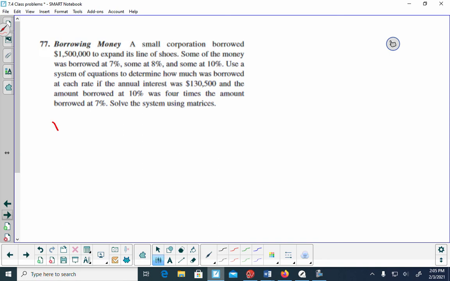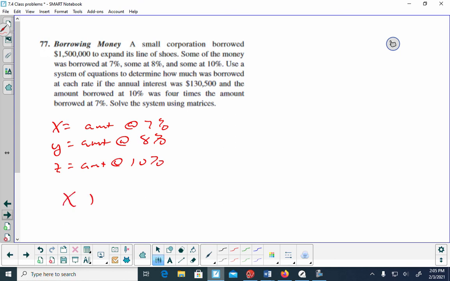So I'm going to say X is the amount at 7%, Y is the amount at 8%, and Z is the amount at 10%. So my first equation is how much money I borrowed. Well, I borrowed X, Y, and Z, and that's a total of $1,500,000. The next one is based on the interest.